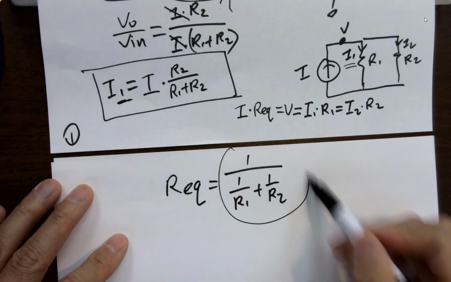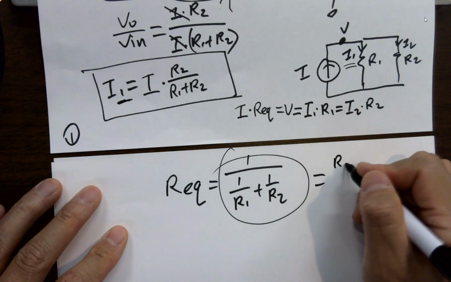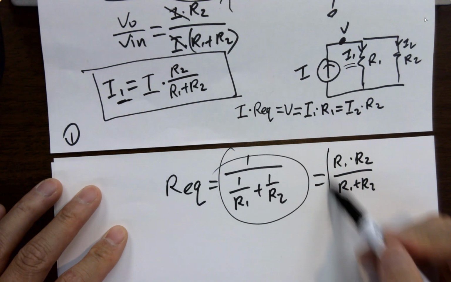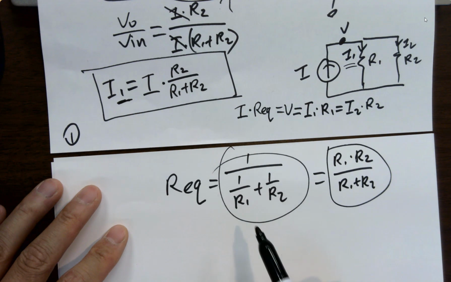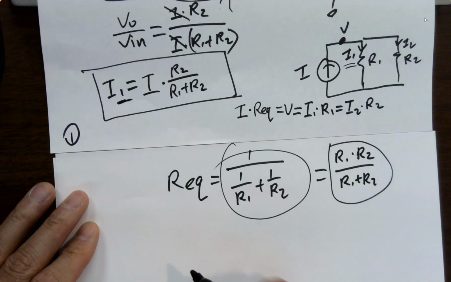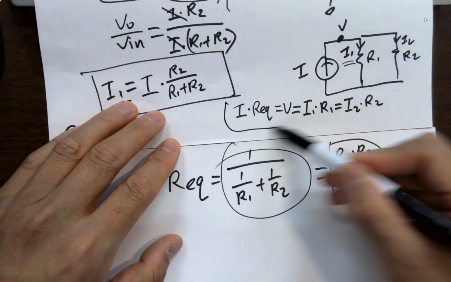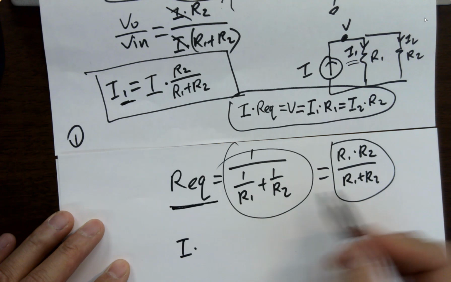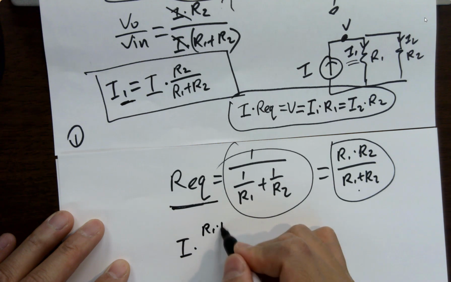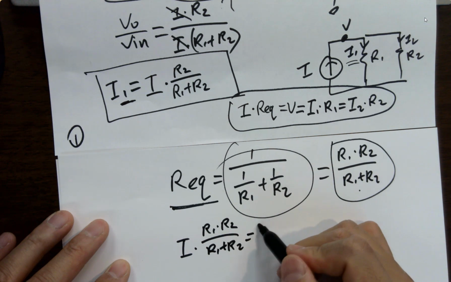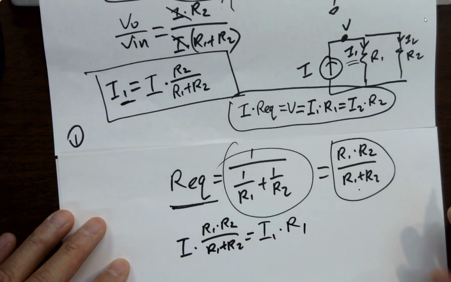We never do this again in the future. You directly write down R1 times R2 over R1 plus R2. Directly use this one. We've already derived this 100 times, so don't do this anymore. Just directly do this. So here, that's the original equation: I times R equivalent, which is R1 times R2 over R1 plus R2, equals I1 times R1.